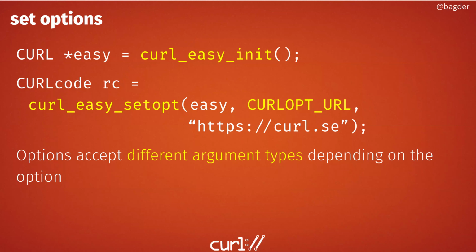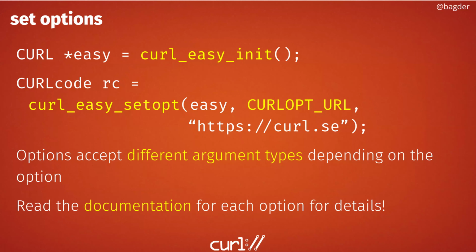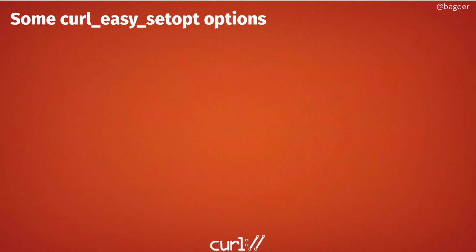So to figure out how to set the CURLOPT_URL option, for example, there's a dedicated man page for CURLOPT_URL. You can read all about CURLOPT_URL in that man page. And all the other options have dedicated man pages as well. So that is how you, of course, learn all the specific details about the specific options you want to use.